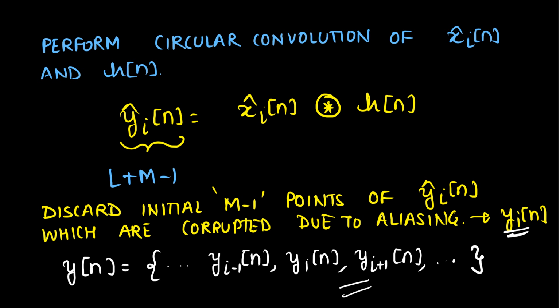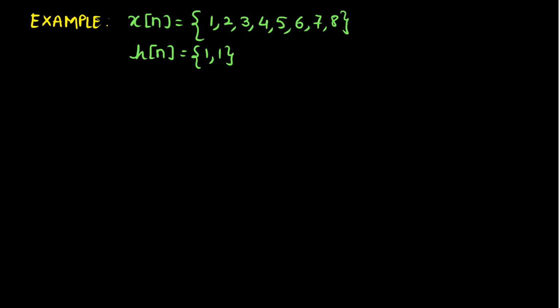So now let us try to understand this using a simple example. For that we are going to consider x of n as 1, 2, 3, 4, 5, 6, 7, 8 and h of n as 1, 1. So we will consider the value of L as 4 and the value of m as 2, which is the length of the filter.